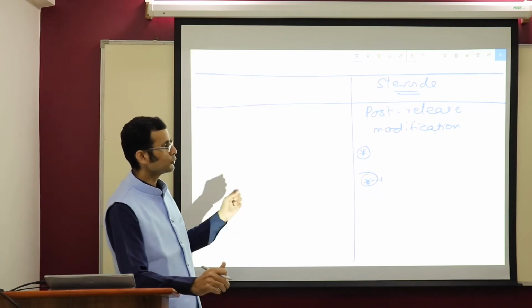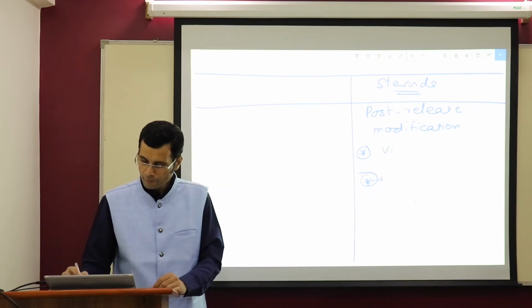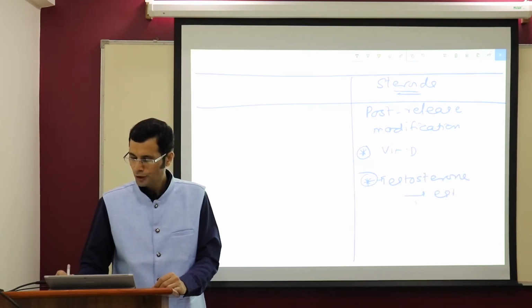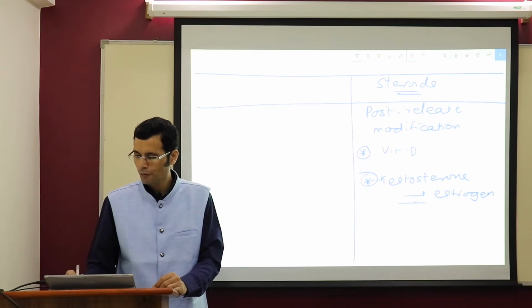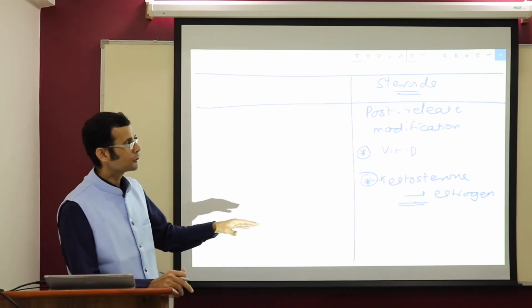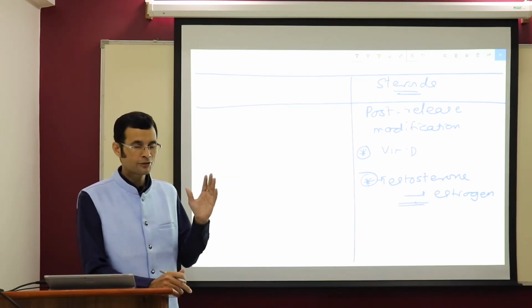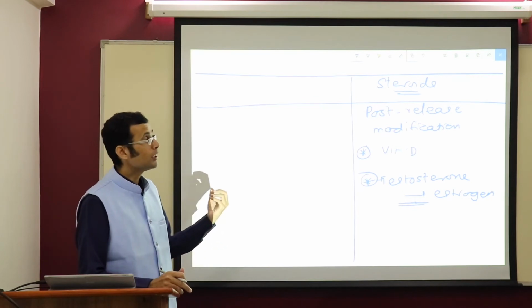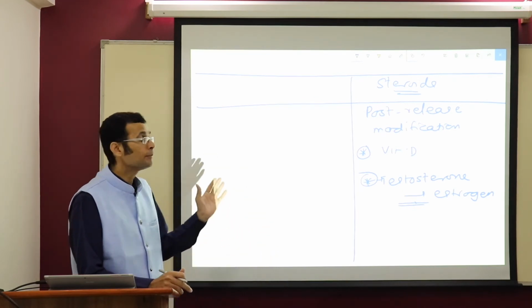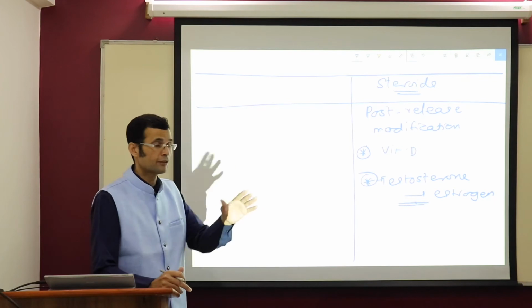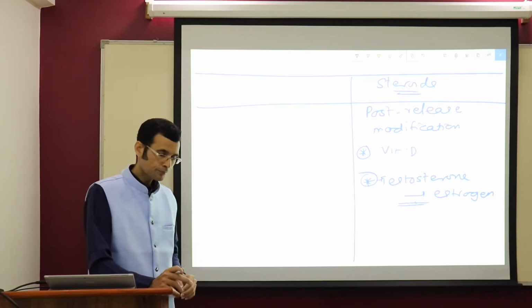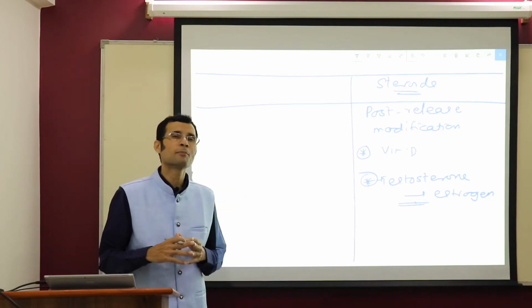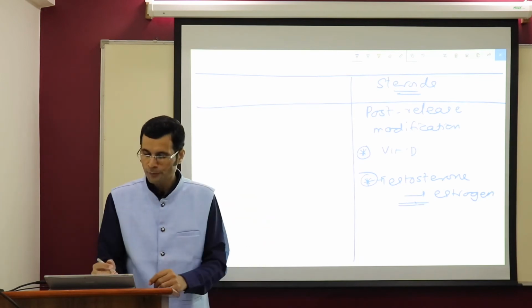For instance, testosterone can be converted peripherally into estrogen. So this is an example of peripheral conversion of the hormone after it's released into another hormone of a different class. That's another important feature of steroid hormones.